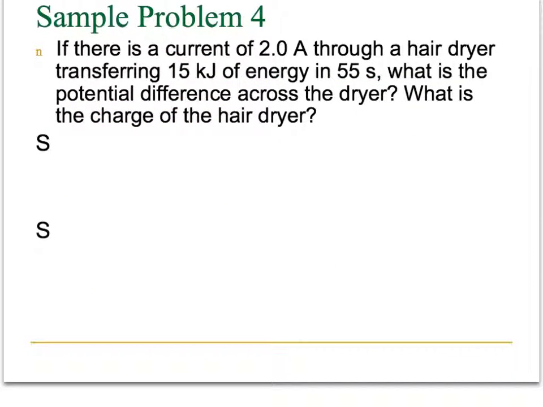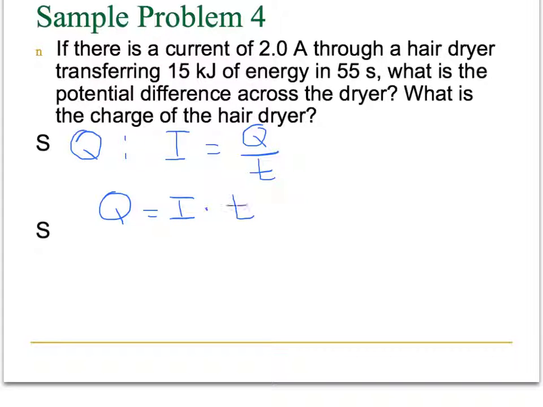So solving for Q, from this equation, I equals Q divided by T, so Q would be I multiplied by T. So plug in the values.